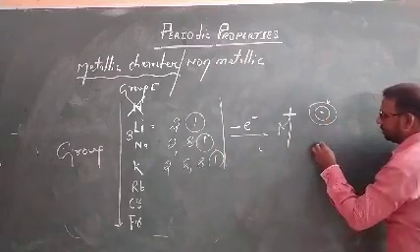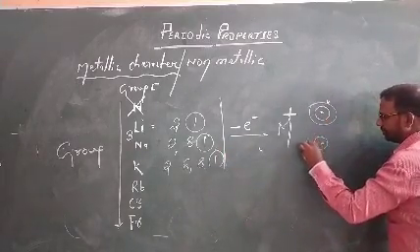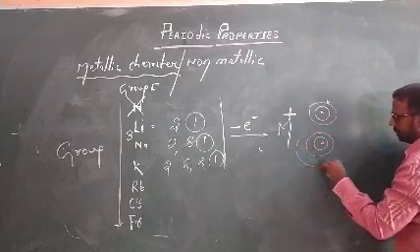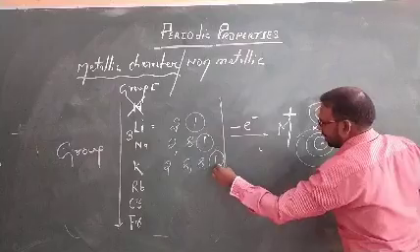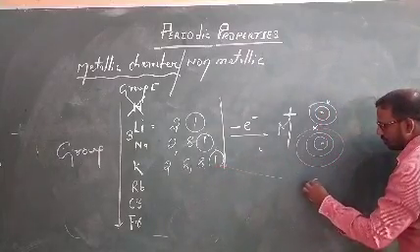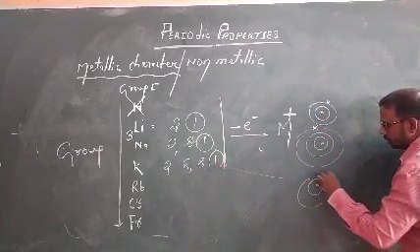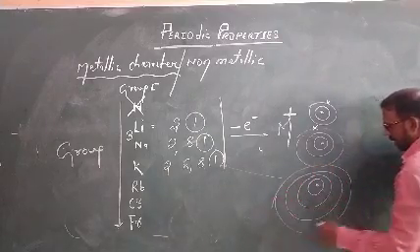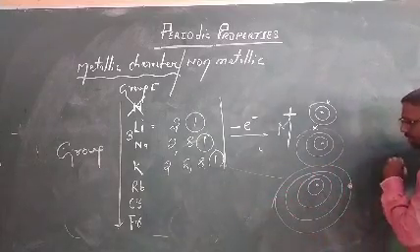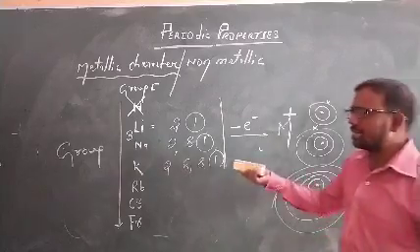In the case of sodium, it has 3 shells, still with 1 electron in its valence shell. In the case of potassium, there are 4 shells, and in the 4th shell it has 1 electron, meaning they have the same valence electron.